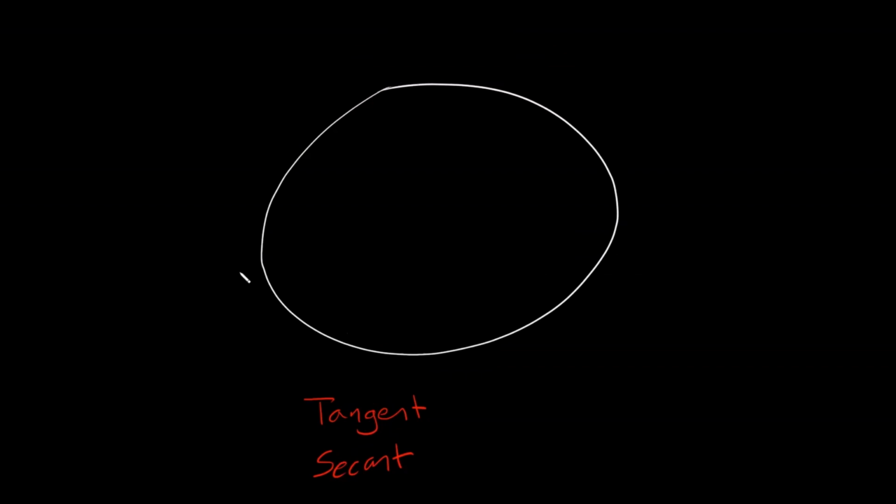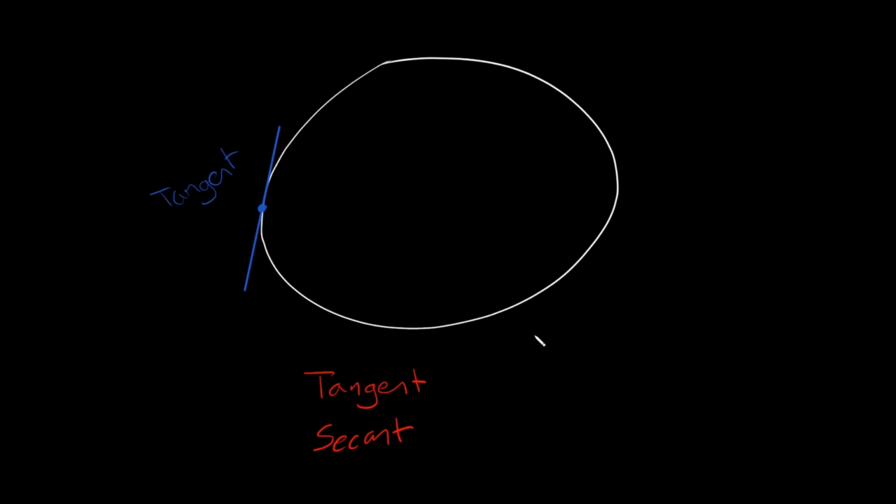So if we have just one point where it intersects, or it's just going to intersect the outside of the circle at a single point, and I'll draw this here. And again, this is not the perfect circle, but you get the idea. And if we were to draw a line that just intersected that point, this is what's called a tangent. So this here is a tangent.